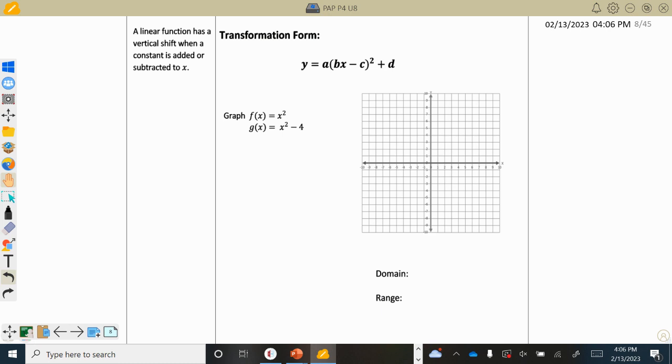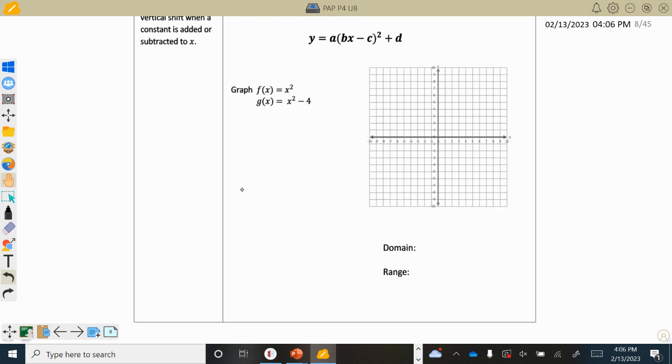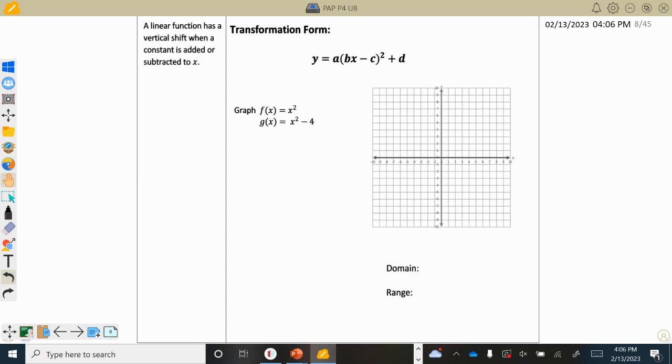Okay? So for our first transformation, when we look at the table for a parent function, and you can put this in your calculator, if you go into y1 and just type in x squared, you'll have your parent function.